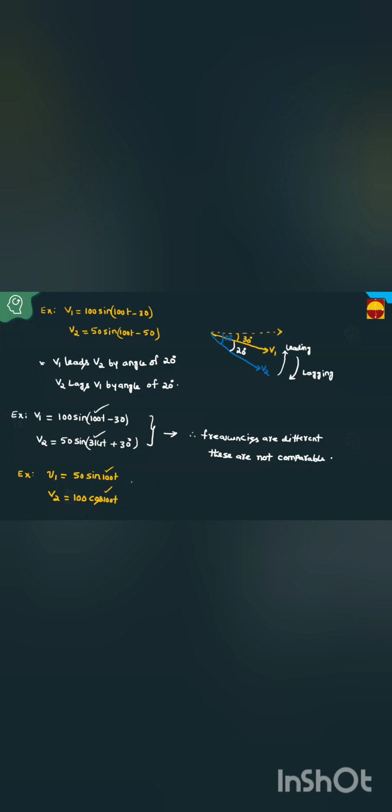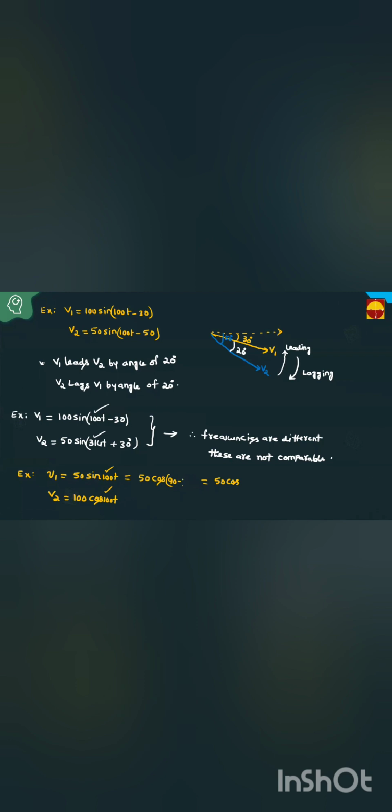Okay, shall I write like this? This is 50 cos(90 minus 100t), or you can also write 50 cos of (90 minus theta).